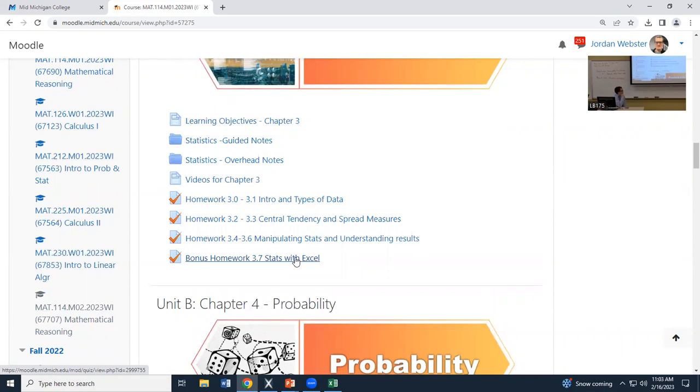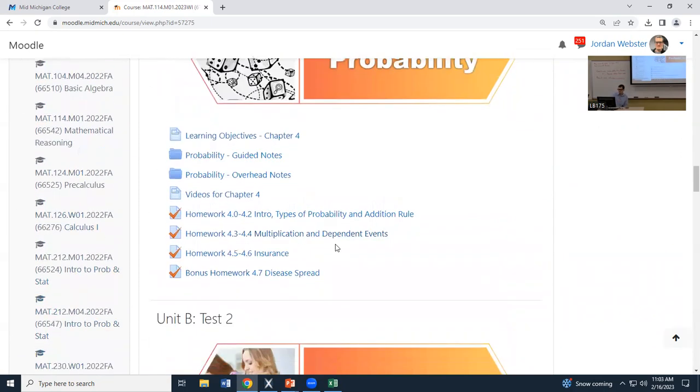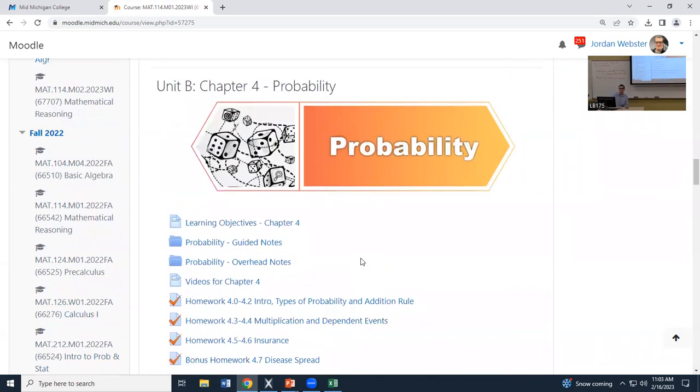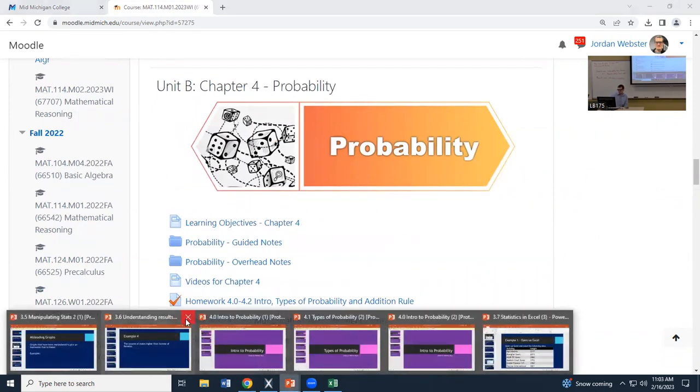It's not going to count against you. But if you do it, you do it really well, it counts for you. And on the test, there'll be no bonus homework type problems. That's what these stats in Excel are. All right, everybody good with that? Stats in Excel stuff.